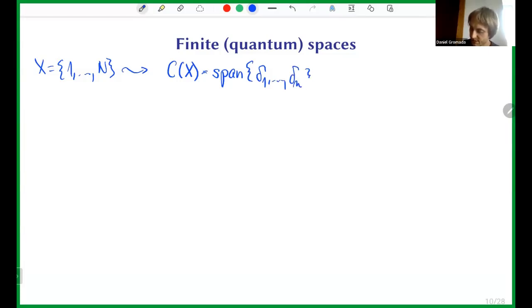So those are the functions that work like this. Okay, so this is a vector space, my vector space V, as I always use here, but it's not only a vector space, it's an algebra. So in addition, I can multiply the functions here. I have delta i times delta j is delta ij delta i.